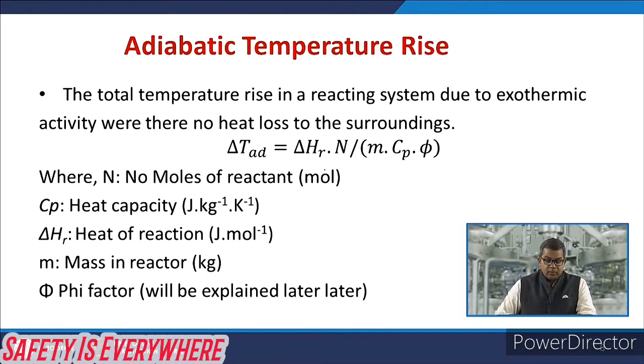Here N is the number of moles of a reactant, Cp is the heat capacity having the units of joule per kilogram per Kelvin, delta HR is the heat of a reaction, M is the mass in the reactor in kilogram, and phi factor we will explain in the subsequent slides.